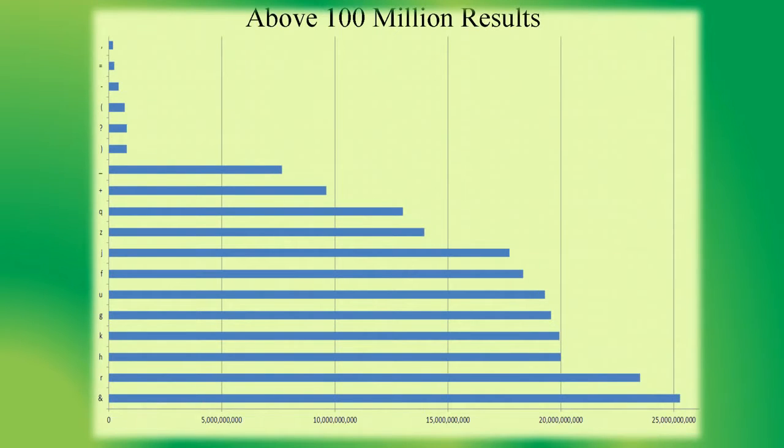Now, just before we go on, the rows of this graph will give you an idea of just how much less frequently used on a line the grammatical symbols are than letters.